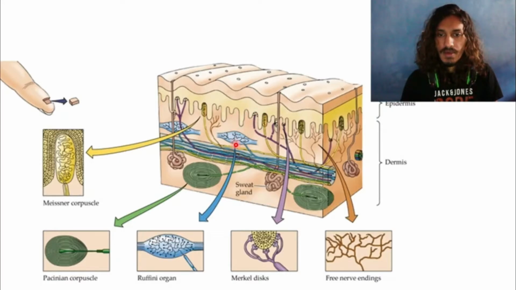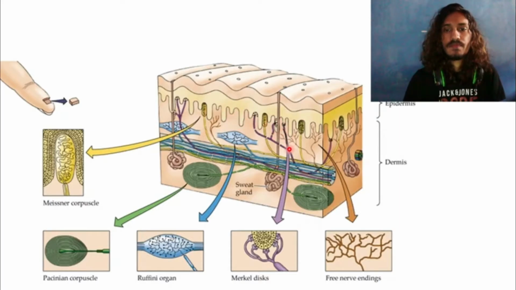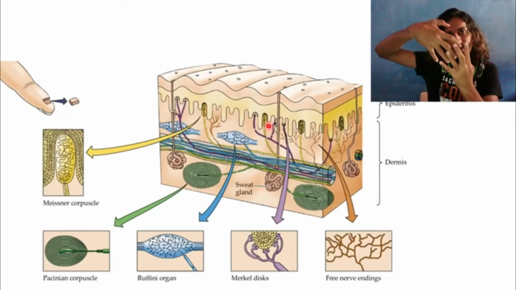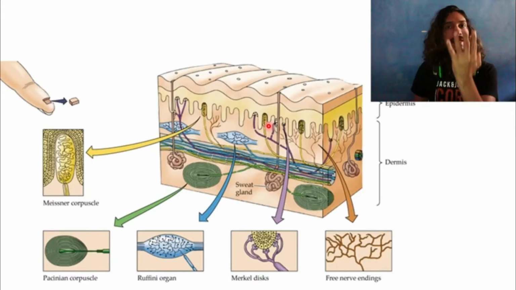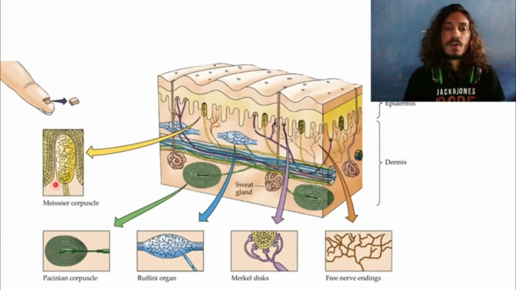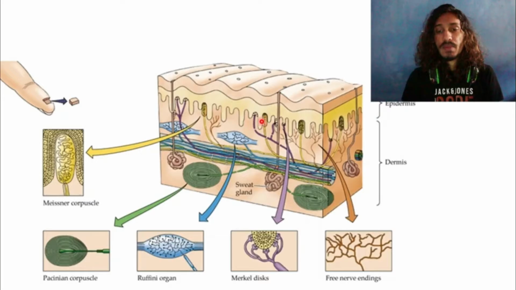This is the dermis, and you can see that the dermis is abutting into it. So the epidermis and dermis form finger-like projections like this. This dermal papillae is where your Meissner's corpuscle is situated.